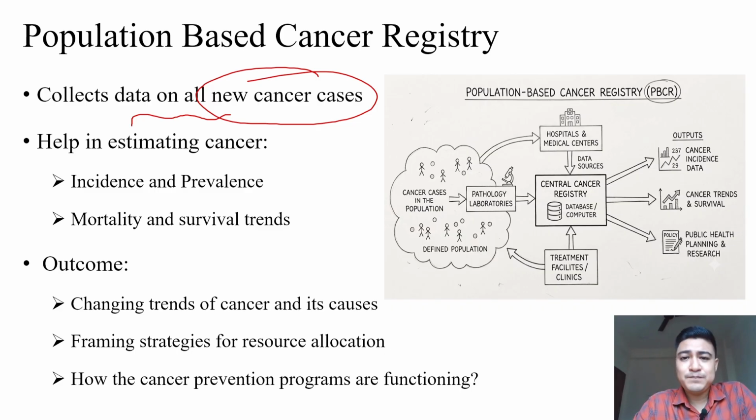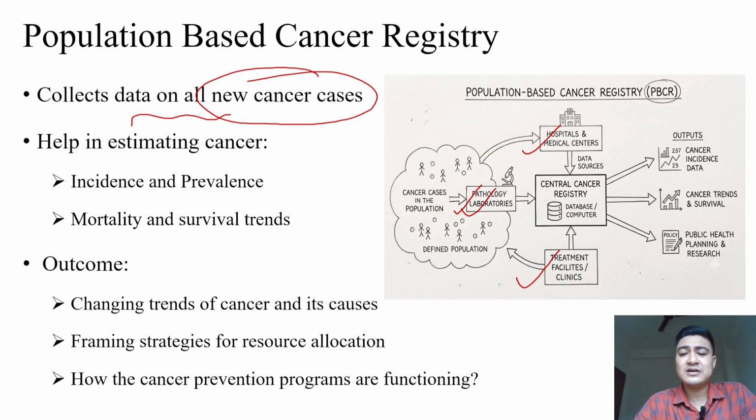When a patient who is a probable suspect of a cancer, that patient from the population will come to a particular hospital. That person may come to some other private clinics or treatment facilities, or they may come to pathology department, biochemistry department, radiology department.